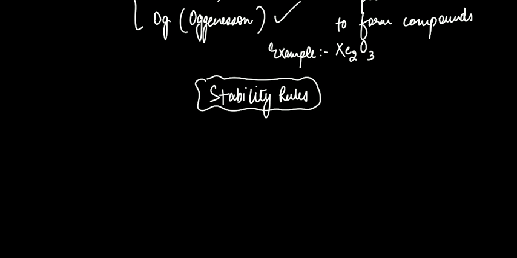Stability rules help us understand why some elements are not completing their shells but still behave stable. It's because they try to attain noble gas configuration.